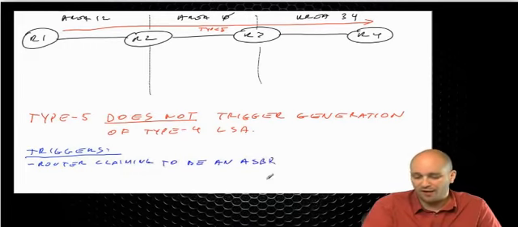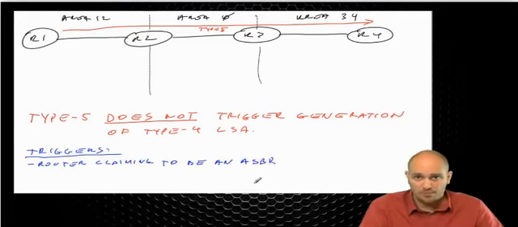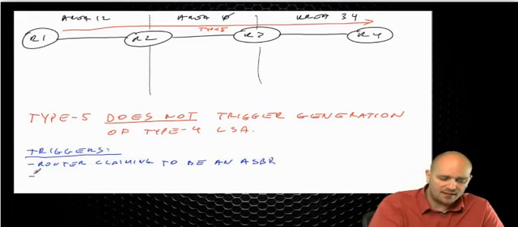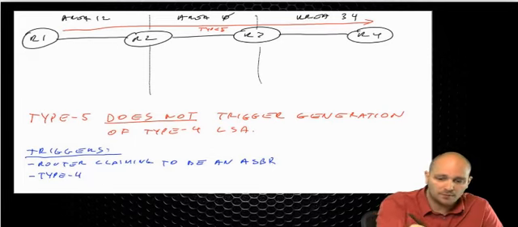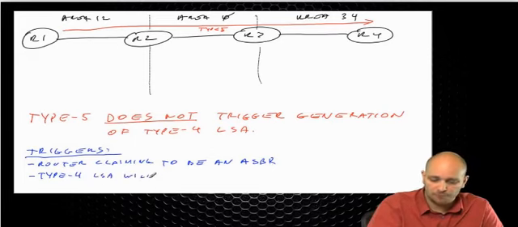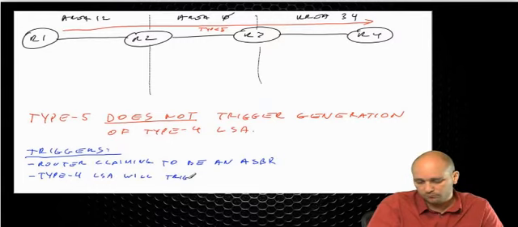So if the router claims to be an ASBR, an ABR will trust it about it. And the second is type 4 LSA. What's wrong with me today? Type 4 LSA will trigger regeneration.